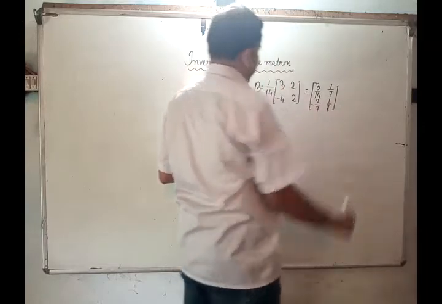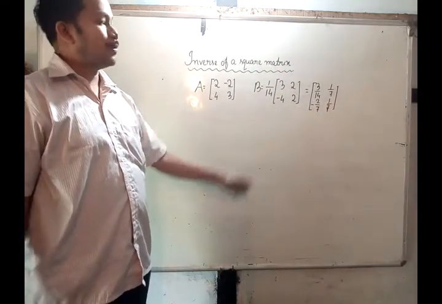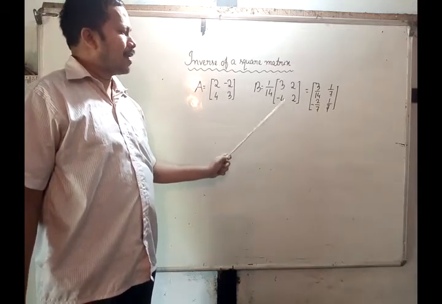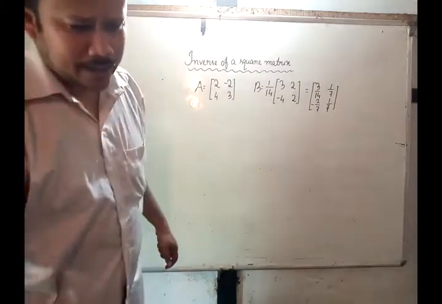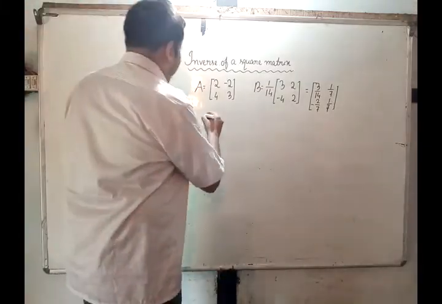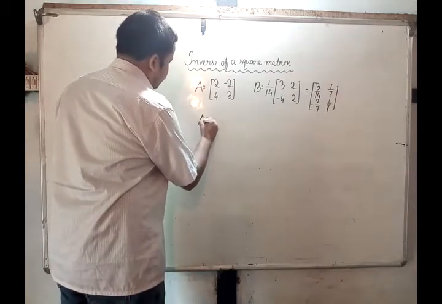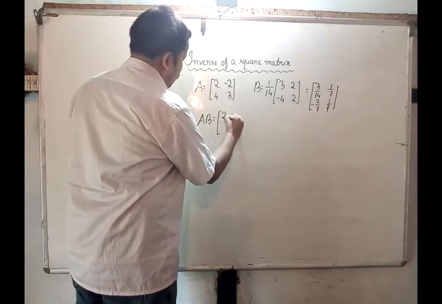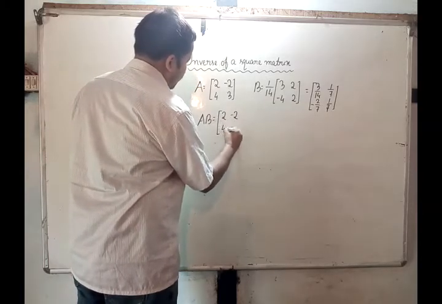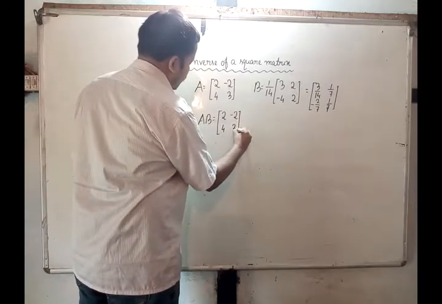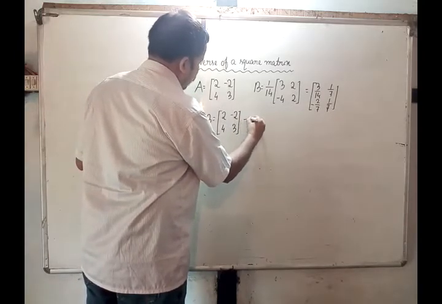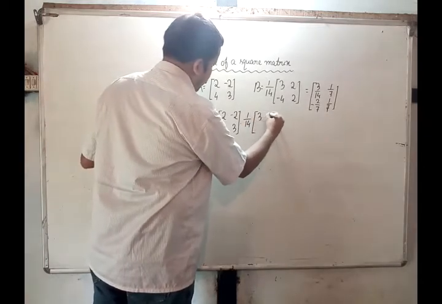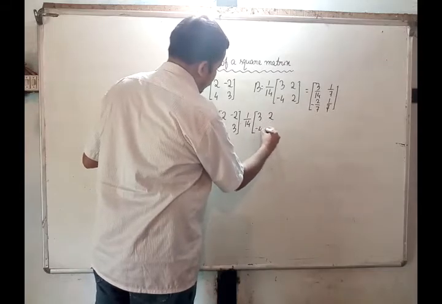Here, AB will be equal to the matrix 2, minus 2, 4, 3 into 1 by 14 times 3, 2, minus 4, 2.